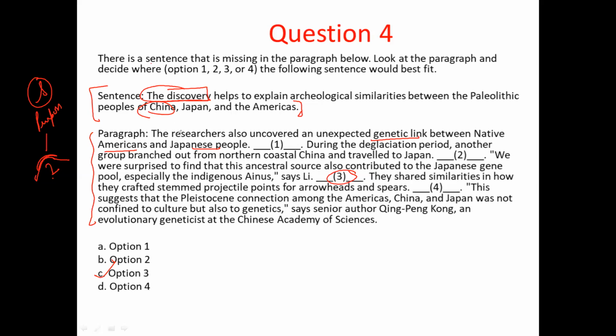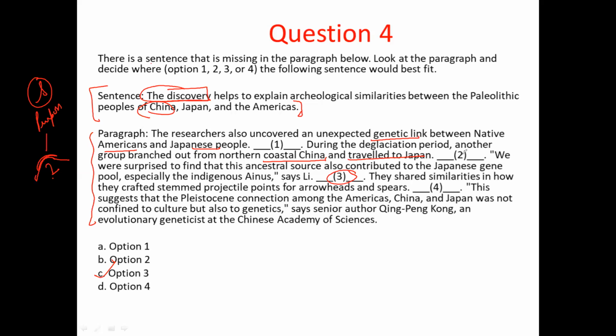So maybe let's see. Now, during the deglaciation period, another group branched out from northern coastal China and traveled to Japan, right? Now, can we fit in here? Let's see the following idea. We were surprised to find that this ancestral source also contributed to the Japanese gene pool, especially the indigenous Ainu, says Lee.